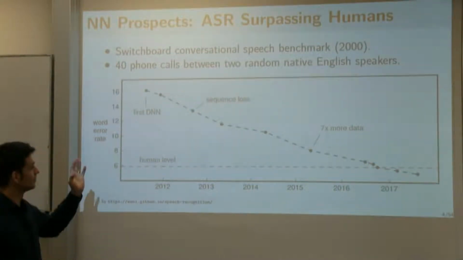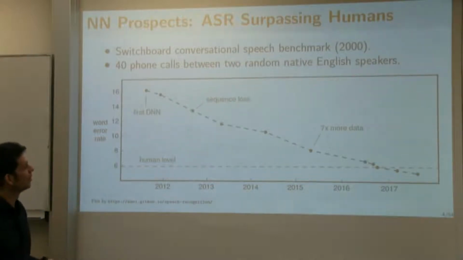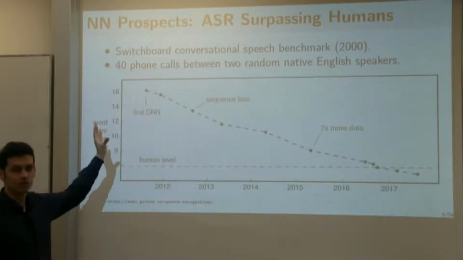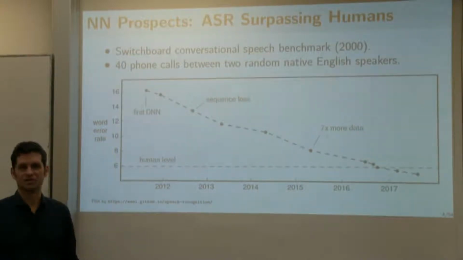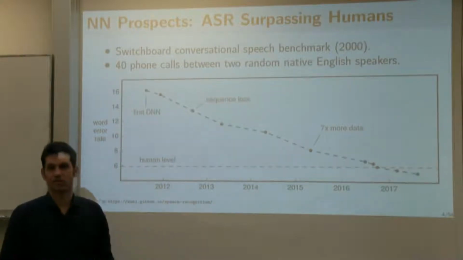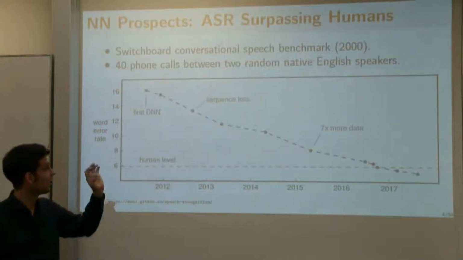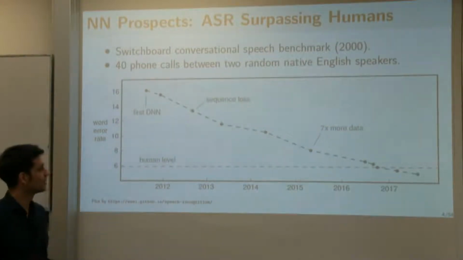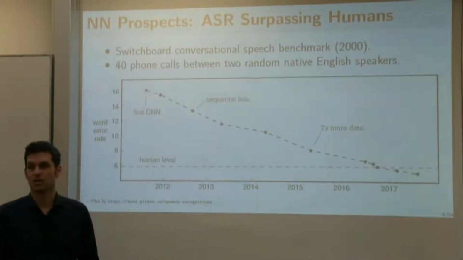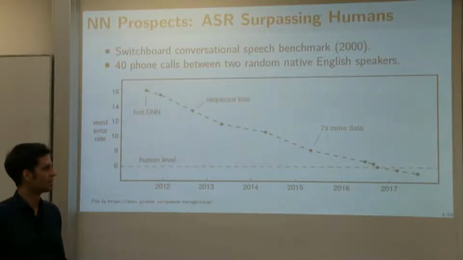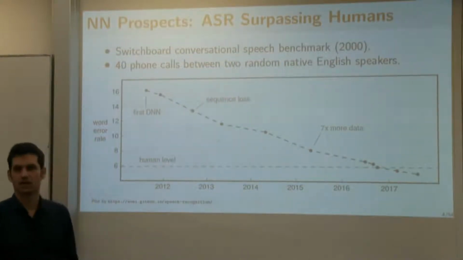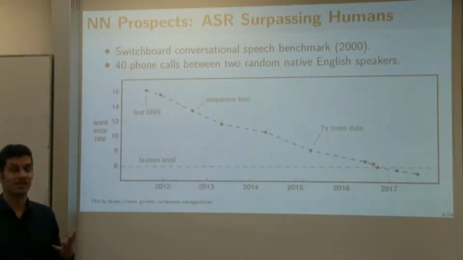This is the performance of speech recognition in the recent years after the introduction of deep neural networks, and through a series of developments, including more data or new algorithms, the systems got up to the human level performance in around 2017. So we can hope that the speech recognition will be better than humans.